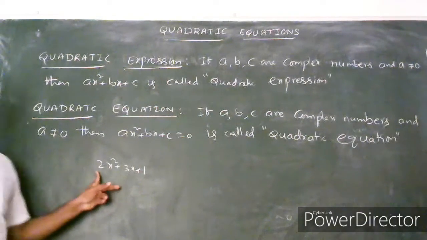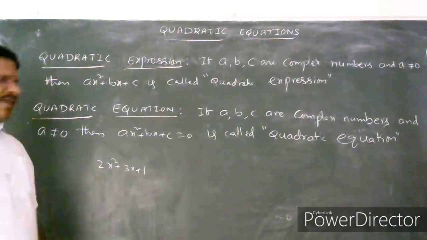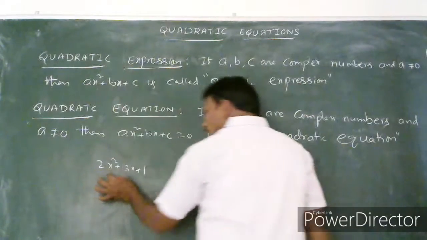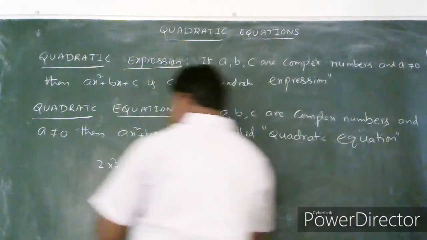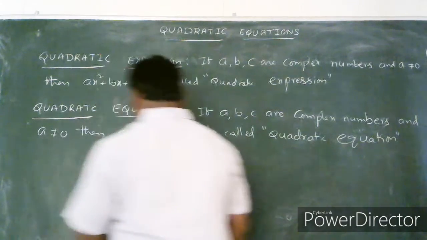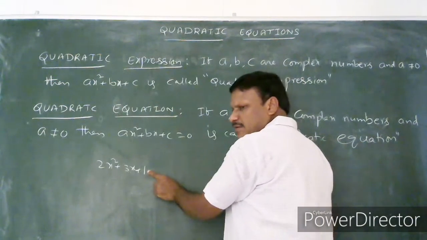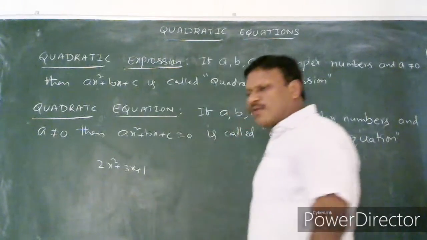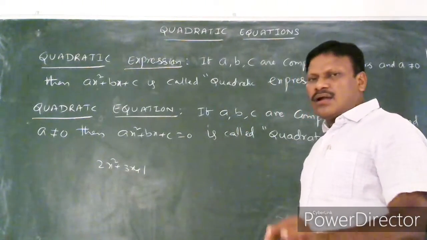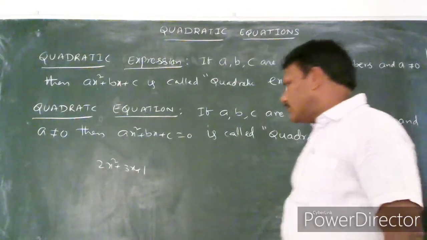Here the variable is x. In this term, power is 2. Here power is 1. Here there is no power, that means power 0. The highest power is 2. If the highest power is 2, that is called quadratic equation.